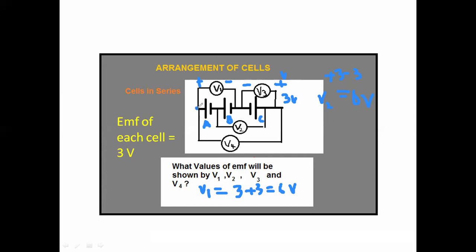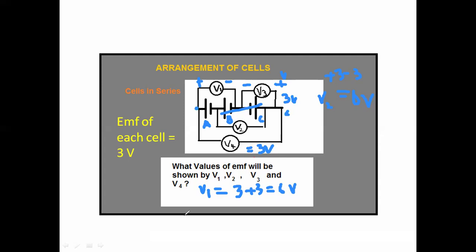Voltmeter 4 is connected between point A and point C. This is also point C, the common point. Here two EMFs are cancelled out because they are connected oppositely, and this voltmeter V4 will show only 3 volt. It means V1 is showing the largest value of EMF.